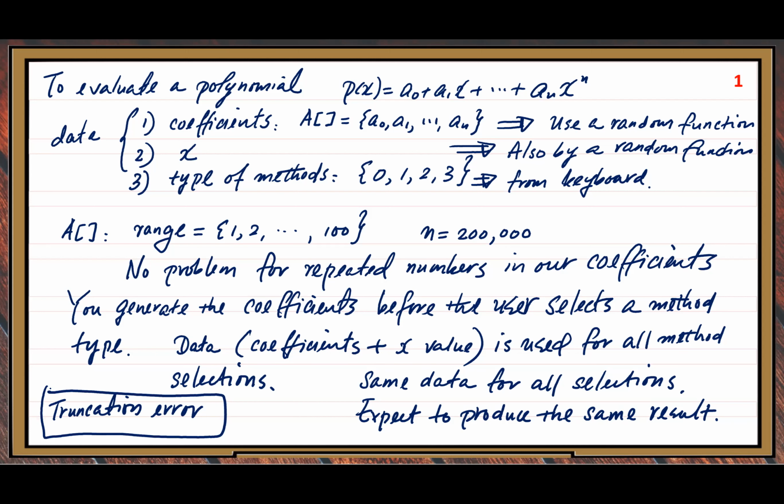Regarding the input validation, for the coefficients, you don't need to do validation, right? Because you generate the data in the range. That's already valid. For X, X is in the interval between 0 and 1, right? So we exclude 0 and 1, because that's too simple.